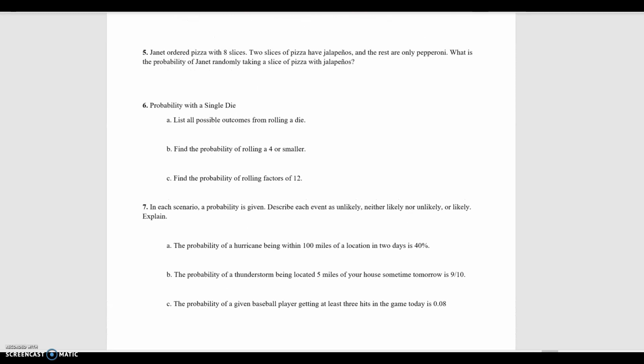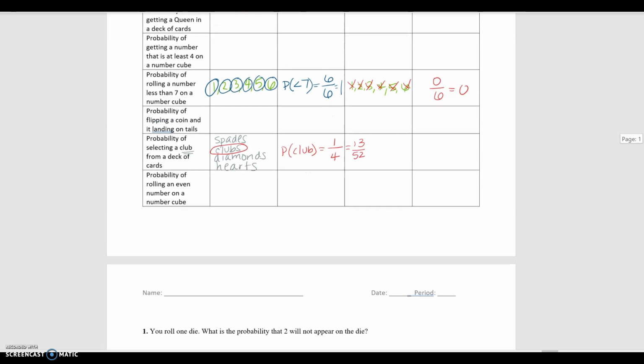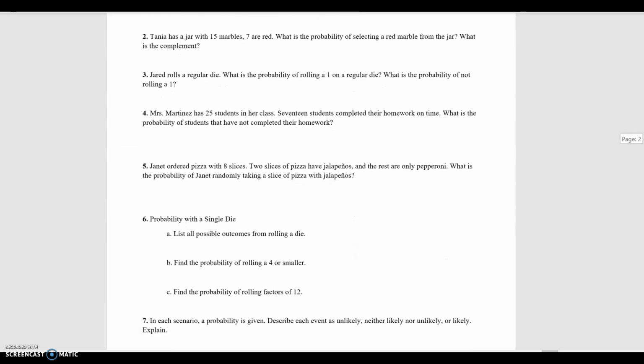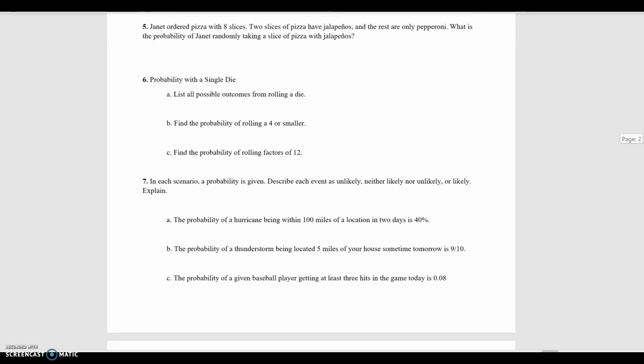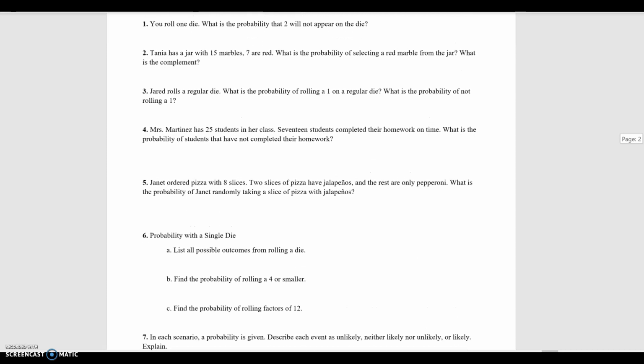Okay, so let's look at some of these probability situations here. Let's look here at number 1. Okay, number 1 says you roll 1 die, so that's a number cube. So anytime they start with that, I'm just going to go ahead and list out 1, 2, 3, 4, 5, 6. What is the probability that 2 will not appear on the die?